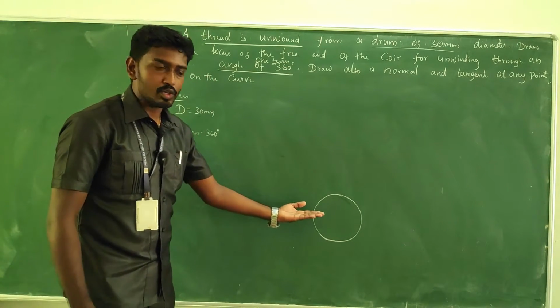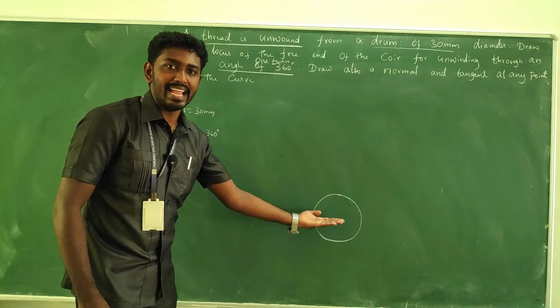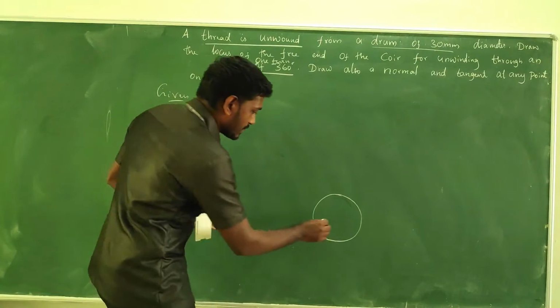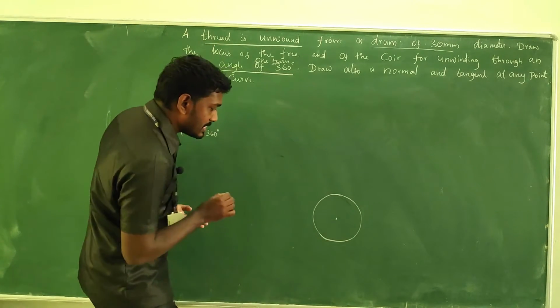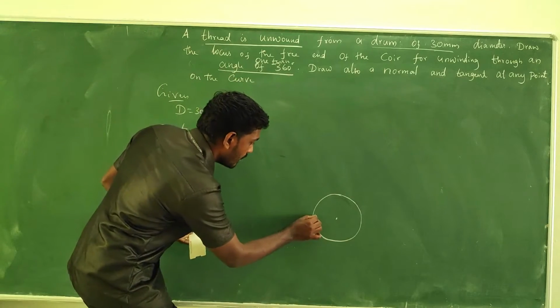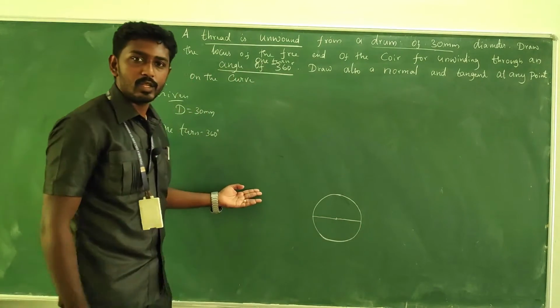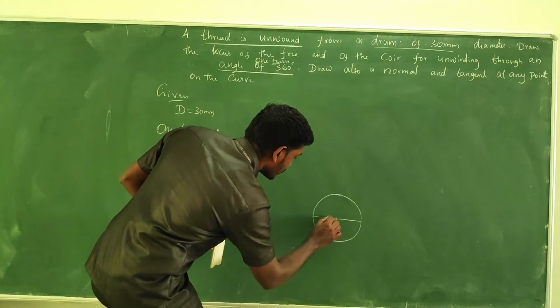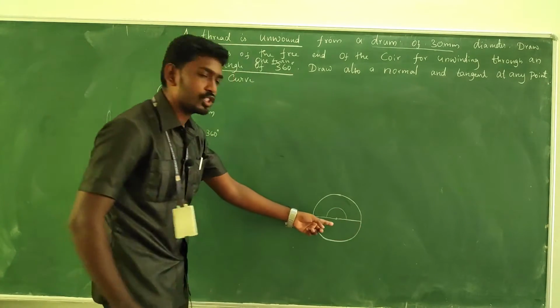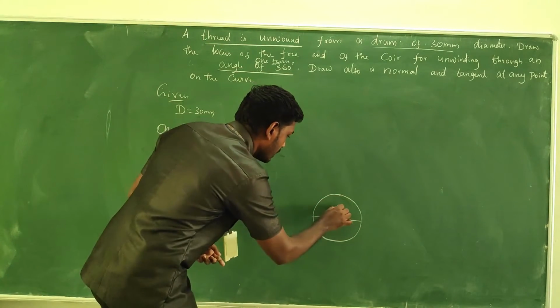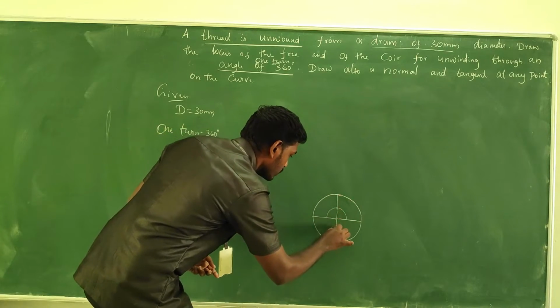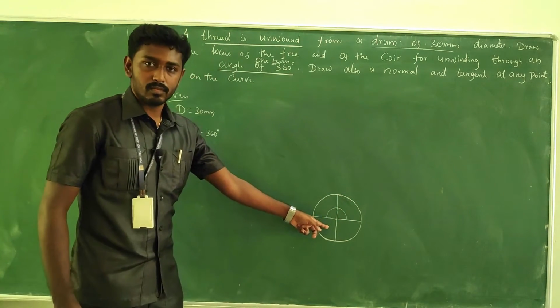Next, how to bifurcate this circle into 8 equal parts. First, through the center, draw a very good horizontal line like this. And next, by keeping your protractor in this position, read 90 degree and draw a line passing through the center.